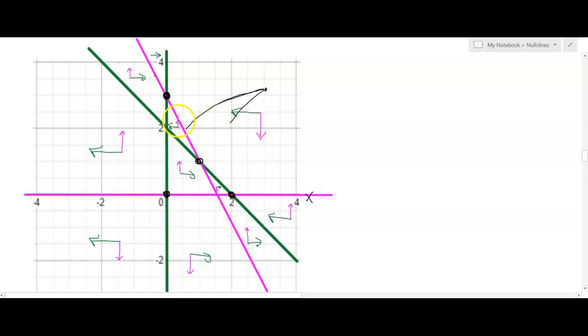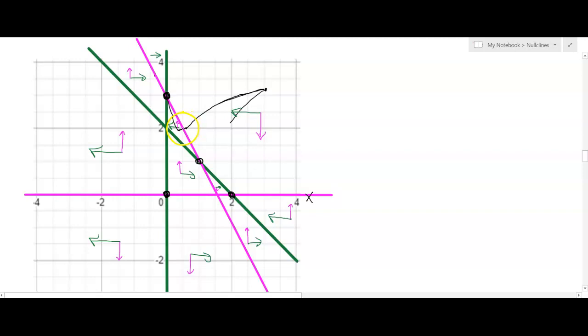But whenever you jump over this pink nullcline, the vectors have an upward facing component, but to the right they have a downward facing component. Because dy dt is 0 all along this line, but dx dt is positive, this point can pass inside of this region, and now we're limited to behavior that is up and to the left. So one thing that could happen is that point can go into that equilibrium.